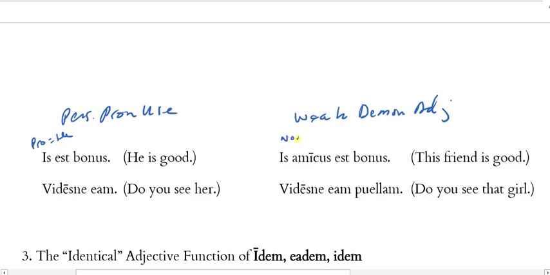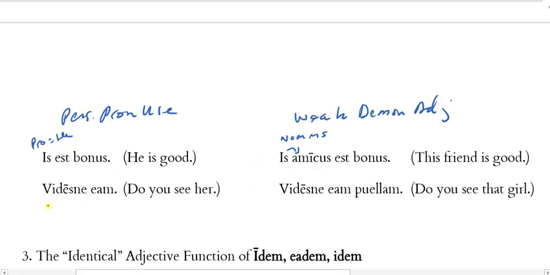These are both nominative masculine singular, and the is functioning as a weak demonstrative adjective here. So I can't translate this as he friend is good. He friend is good doesn't make sense. This is weak demonstrative use. I could translate this as this or that. This friend is good or that friend is good. Either of those would work.